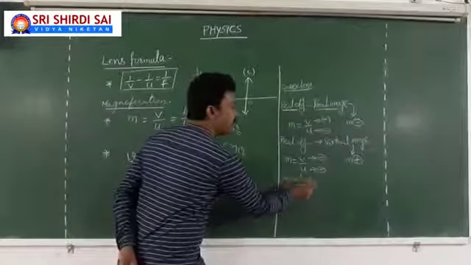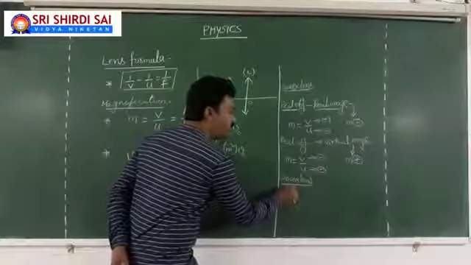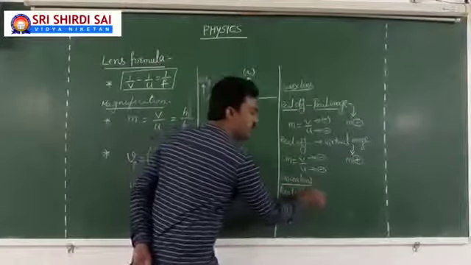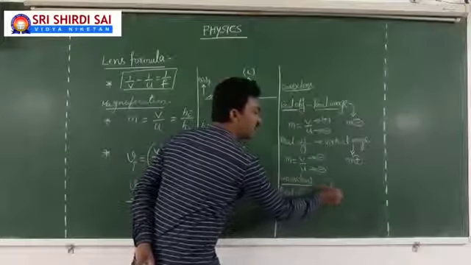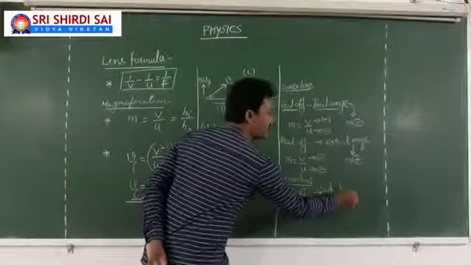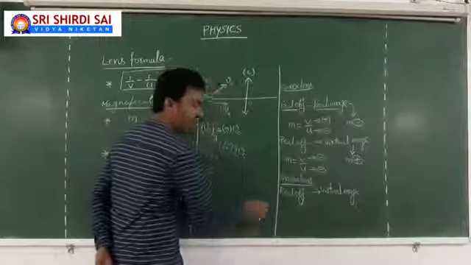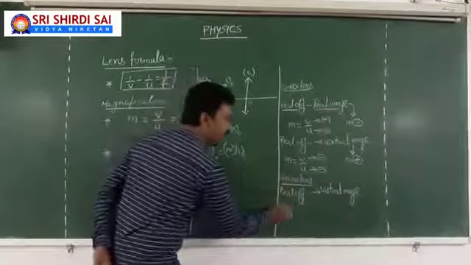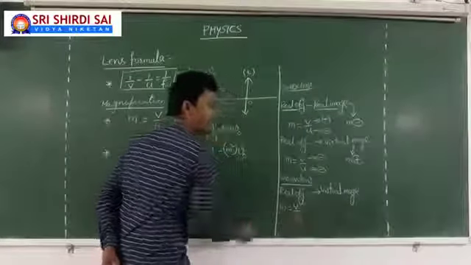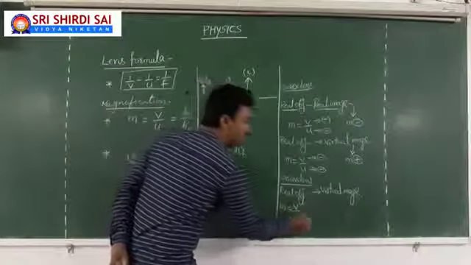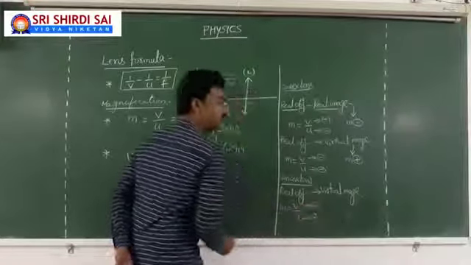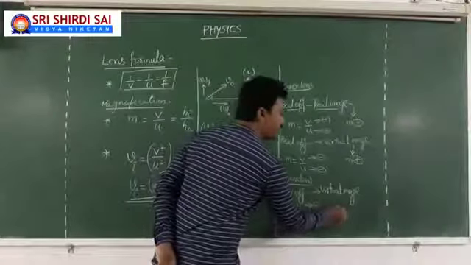You have learned that for any real object position in front of a concave lens, the image is always virtual. Then the magnification m = v/u: real object distance negative, virtual image distance negative, so the magnification is positive.